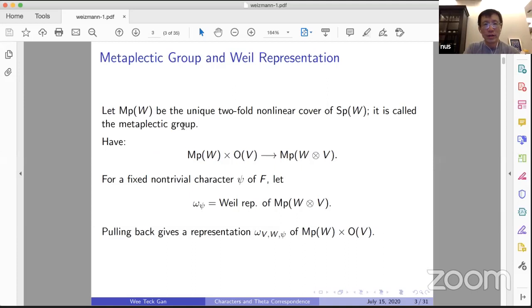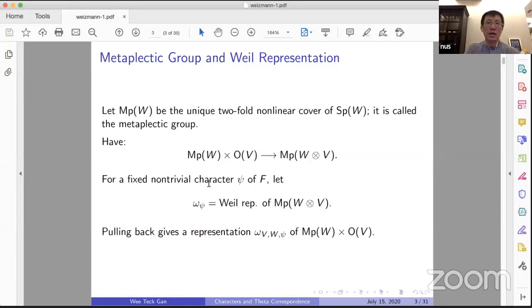For the symplectic group, there is the so-called unique twofold nonlinear cover, called the metaplectic group, and I am going to work at that level. It turns out that the metaplectic cover of V tensor W splits over the orthogonal group. The splitting is not unique, but let's say we fix one. So we get a lifting of the previous map to the level of the metaplectic group.